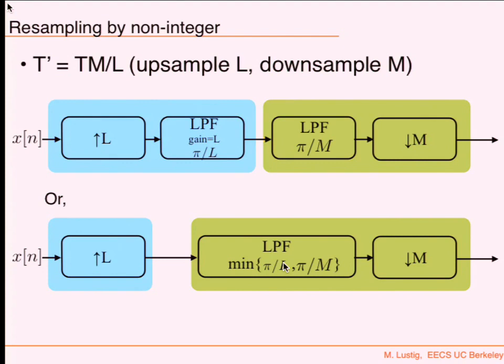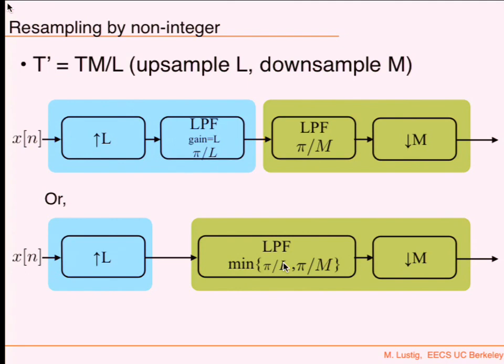Now, what would happen if you flip them? You first downsample and then upsample. You'll still get the rate. But what would happen? You should not do this, because before we downsample, we always use an anti-aliasing filter. We might lose some information, we might crop some high frequencies.